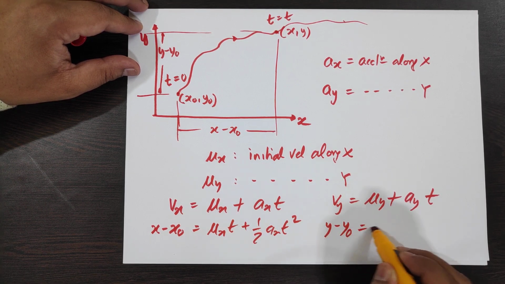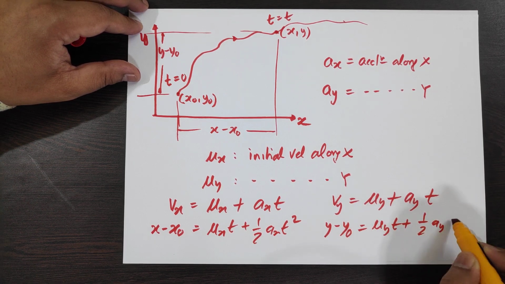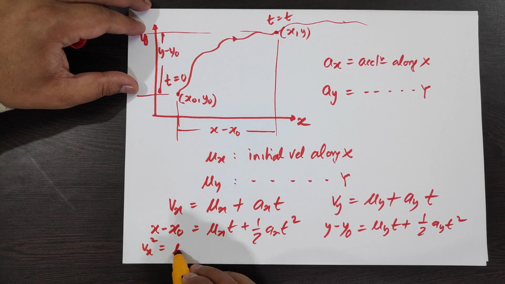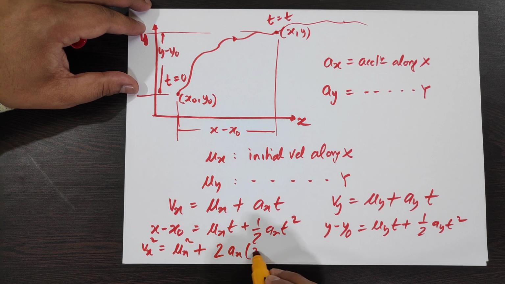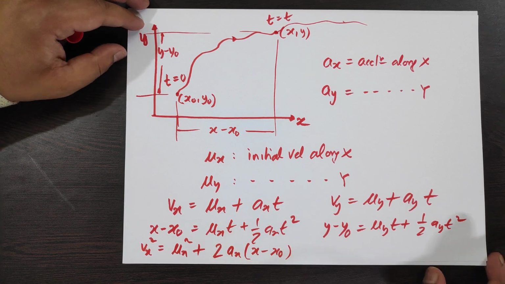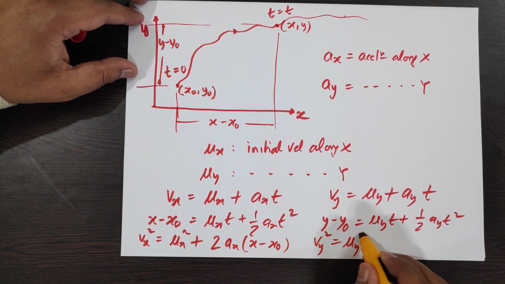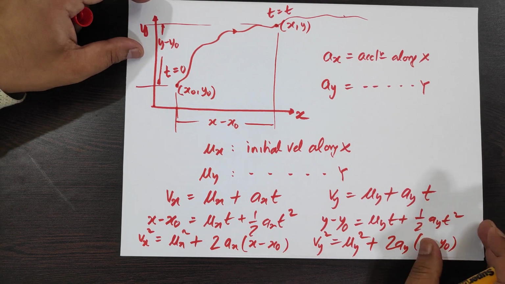Displacement along the y axis, y minus y naught, is Uyt plus half ayt squared. And this equation is also true: Vx squared is Ux squared plus 2ax into x minus x naught. So this is for the x axis. For the y axis, Vy squared is Uy squared plus twice ay into y minus y naught.